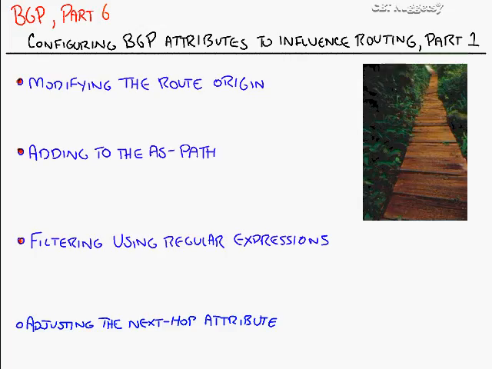If you ever plan on setting up BGP in the real world, I would almost want to say keep this nugget as an archive, because it is one of the most common things that you have to do when you're setting up BGP for a company, to choose some paths over others. And what we've done is we've, in this nugget, talked about changing the route origin, changing the AS path. Those are the most common ways to say to service providers, these are preferred ways into my network.